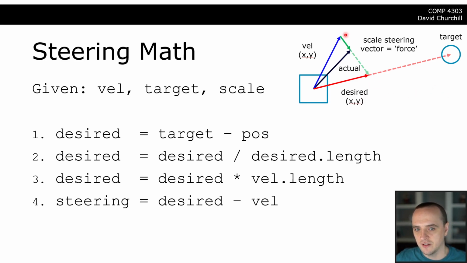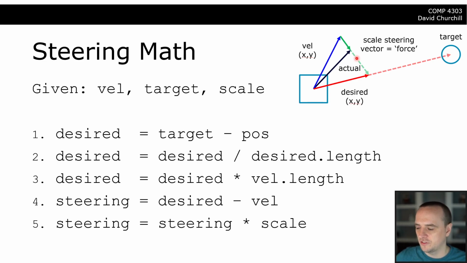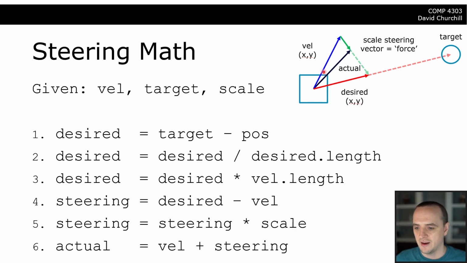Then we calculate the dashed green line, which is desired minus velocity. Then we scale the steering force to be however strong we want it. And then we add the steering force to our current velocity to get the actual vector. Okay, so that is the entire process of steering.